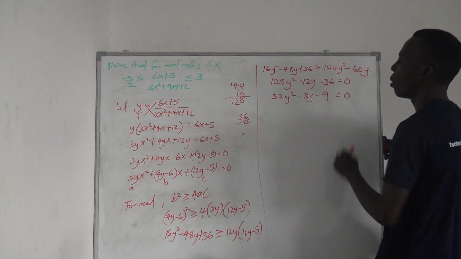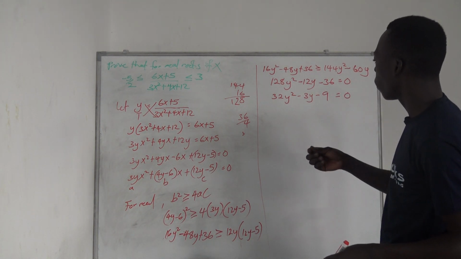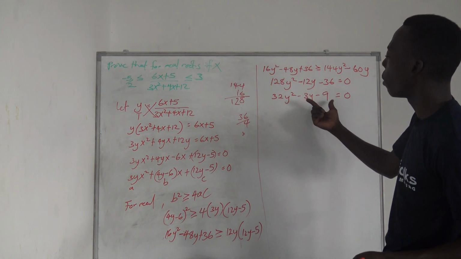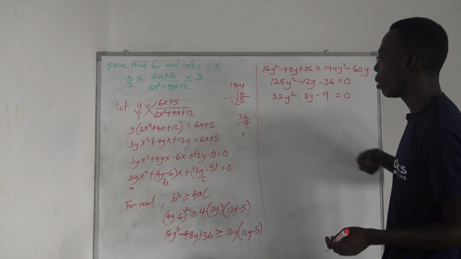So which is equal to 0. So this is what we have after dividing the equation by 4.